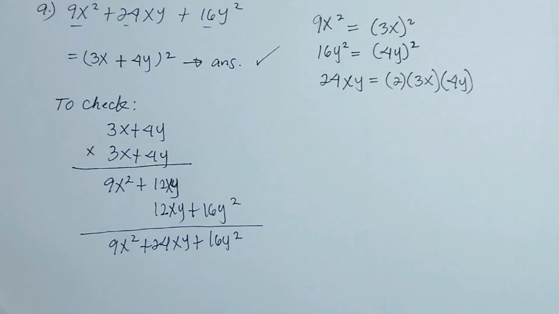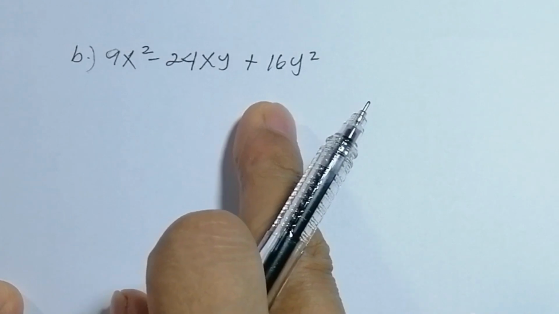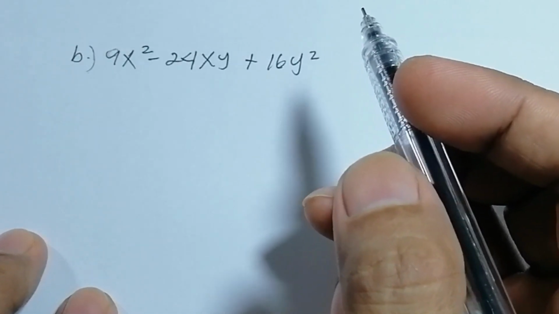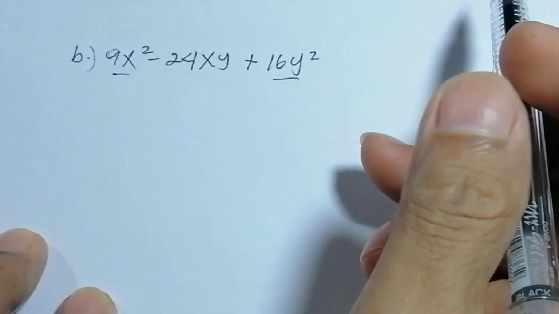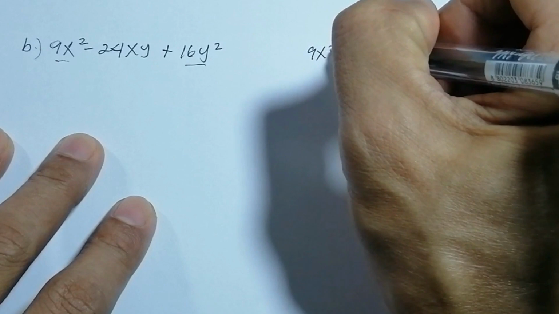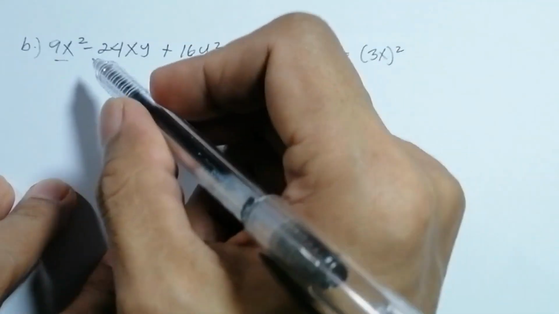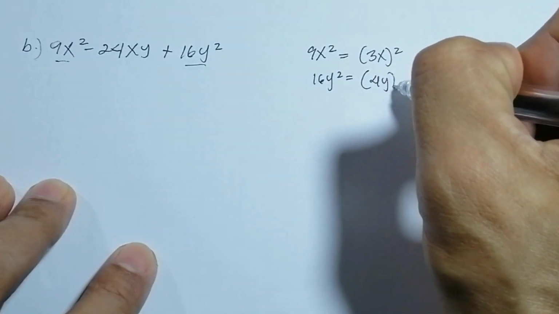Okay, another example. Our letter B is 9x squared minus 24xy plus 16y squared. The first and third terms are perfect squares. 9x squared is 3x squared, and 16y squared is 4y squared.